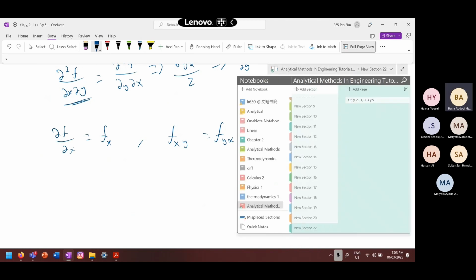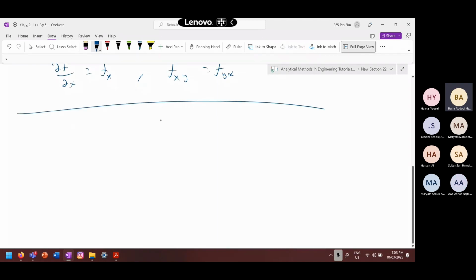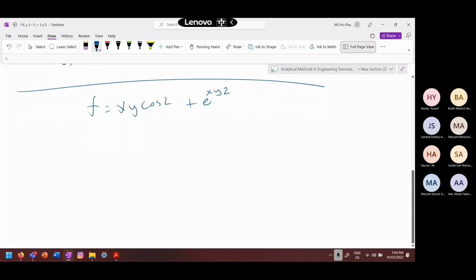Okay, let's have another example on this, but let's use a complex form. f equals xy cosine z plus e to the power xyz. Okay, let's find partial f over partial x.